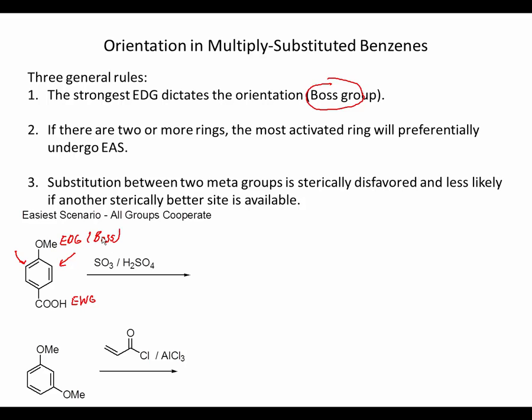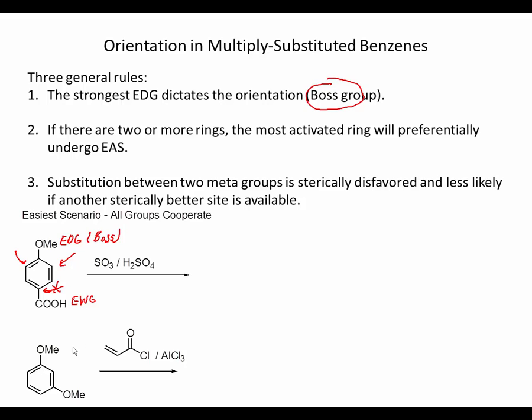But we have a situation where the electron withdrawing group isn't arguing with this, because the electron withdrawing group wants the new group also to go meta to it, which matches ortho para to the methoxy. And we cannot put anything here because something is already here. We don't have a hydrogen that we can replace.